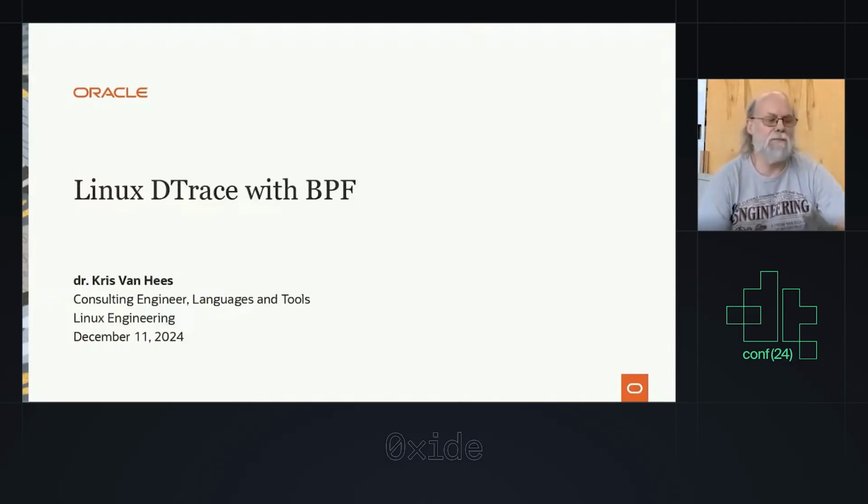So yeah, I didn't know it was that long ago. I mention this most of the time, because I think it shows where I'm coming from. Originally, when we were approached to do a port of dtrace to Linux, it came to me for evaluation, and my general response was, I don't think that's going to be possible. So they told me to do it anyway. We got it done.